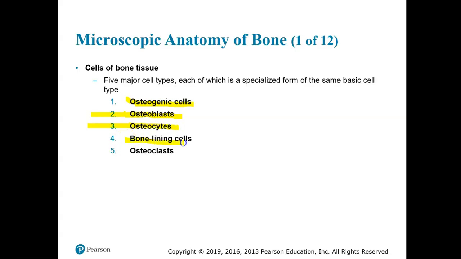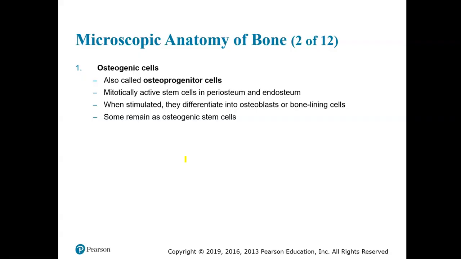Then you have bone lining cells, and you have osteoclasts. Osteoclasts are opposite of osteoblasts. Instead of secreting bone matrix, they will break down bone matrix, because bone is constantly being built and broken down, rebuilt and broken down. It's constantly being remodeled.